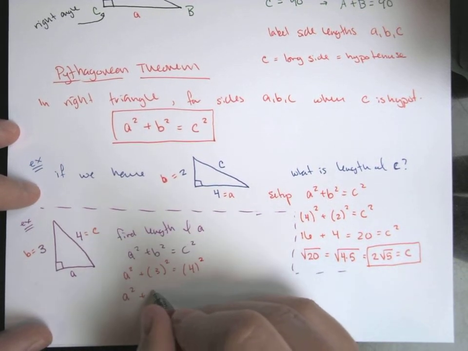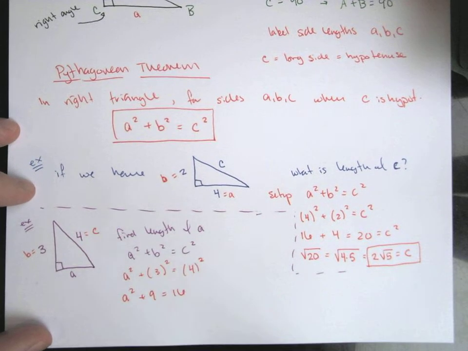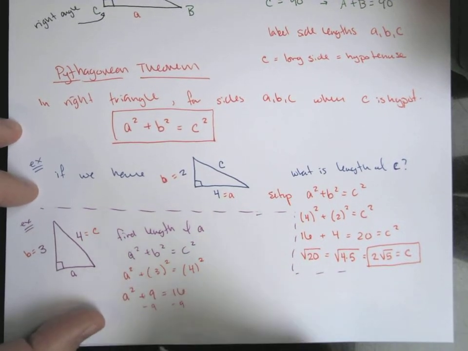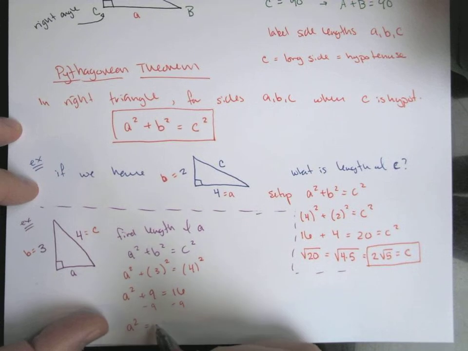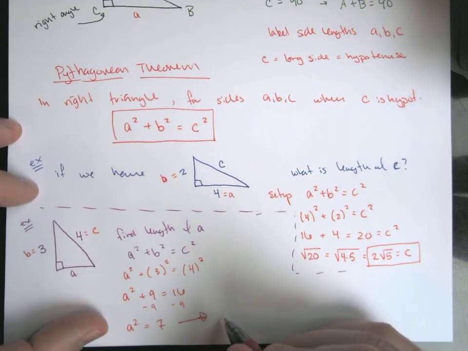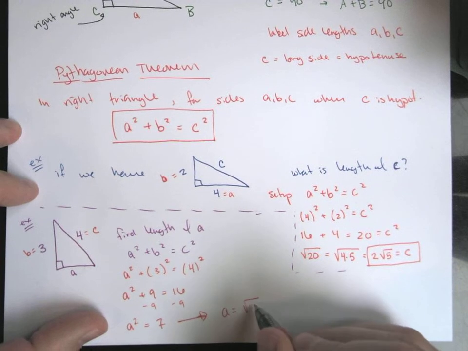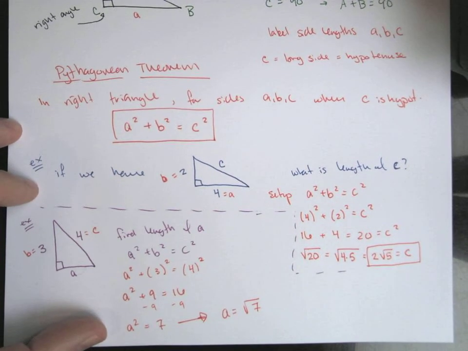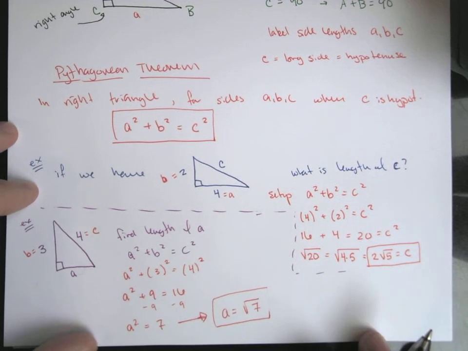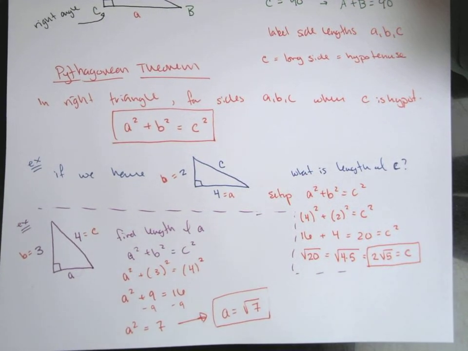So A squared plus 9 is 16. So I'll do just a quick little subtraction, subtract the 9 off of each side. So A squared would leave me with 7, and that gives me an easier root, just the root of 7. Root of 7 is not going to reduce or simplify anymore. 7 is a prime, so it's not going to break down. So I'm content to just get the root of 7, and that's going to be my final answer.